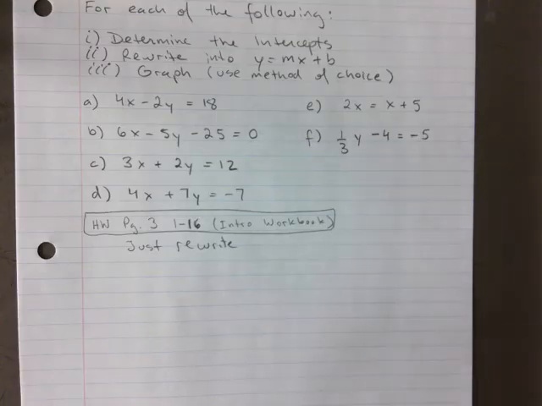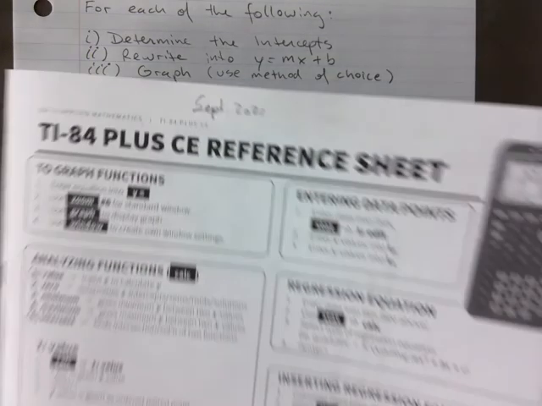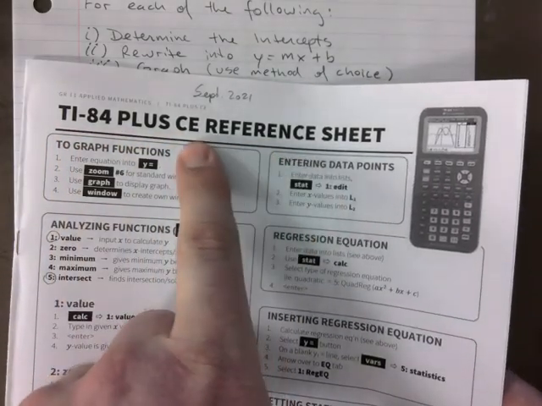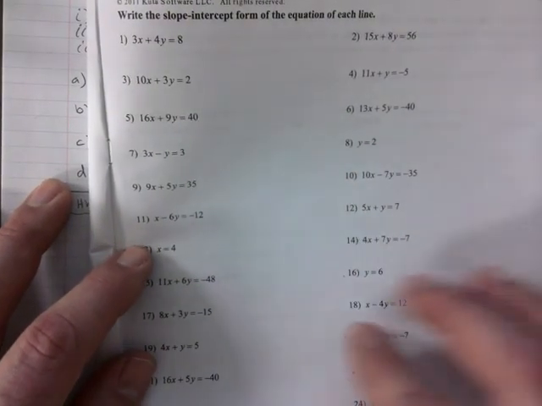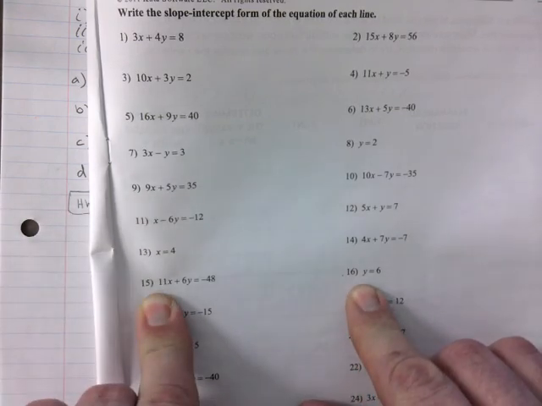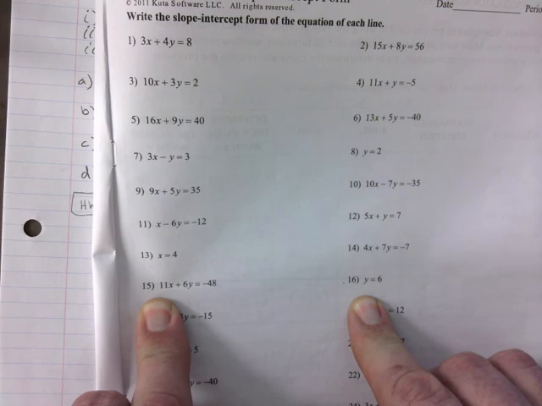I just want to clarify the homework after you've done this. If you look at this booklet right here, which is the skinnier one of the two, page 3, there are a bunch of equations there. I just want you to do 1 to 16. Actually, 1 to 15 it looks like. But don't do all of them.